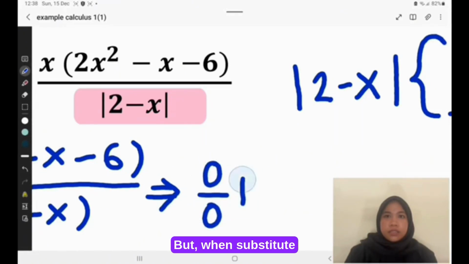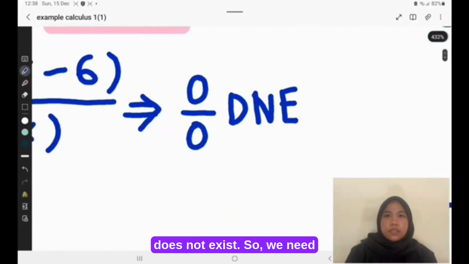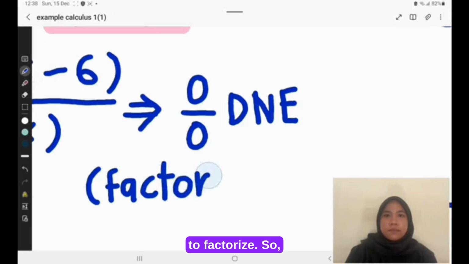But when we substitute 2 directly, the result is 0 over 0, which is undefined. So we need to factorize.